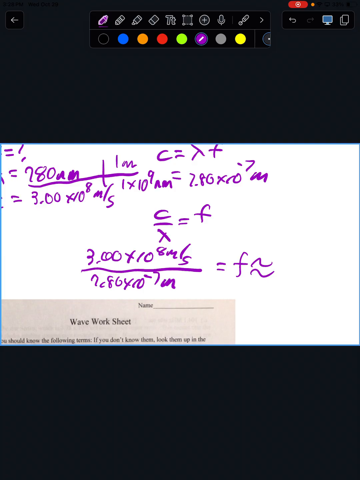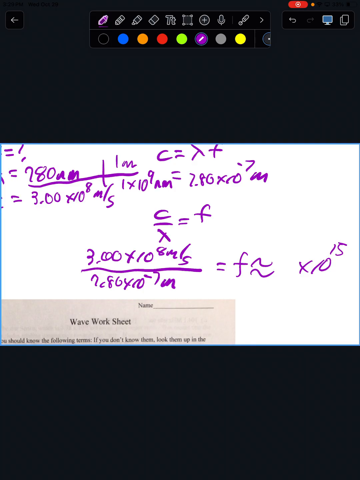What should that be approximately? What do you do when you divide exponents? Subtract. So 8 minus a negative 7 is what? Your answer should be approximately to the 15th power. Maybe the 14th, maybe the 16th.